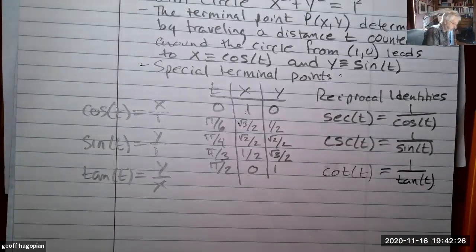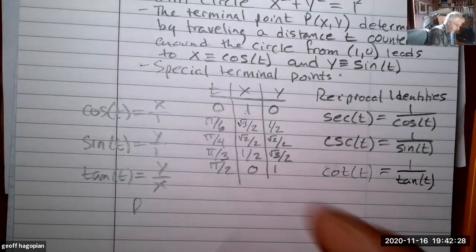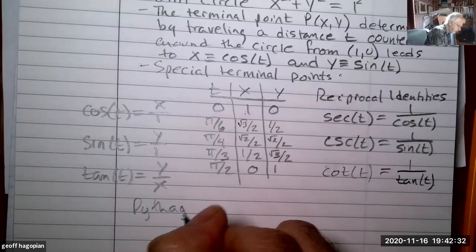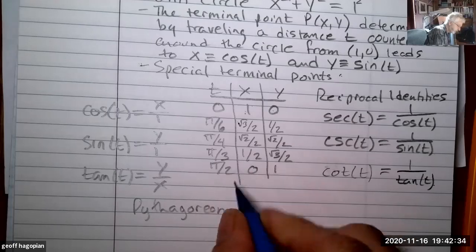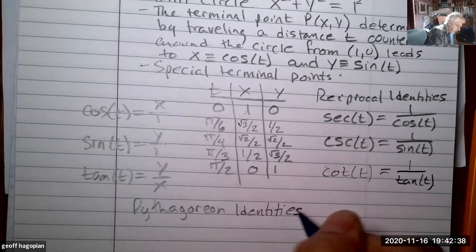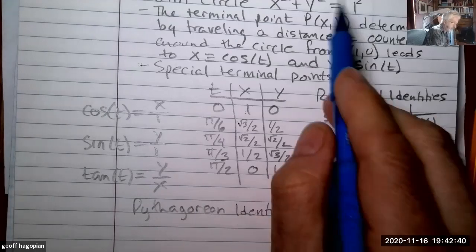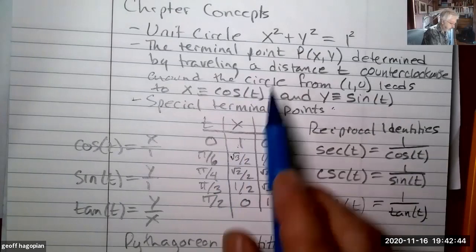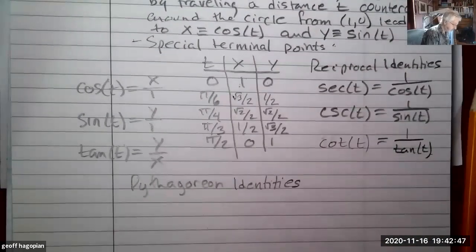Okay, so the Pythagorean identities, these are huge. They come from x squared plus y squared equals 1, where x is cosine and y is sine, right?